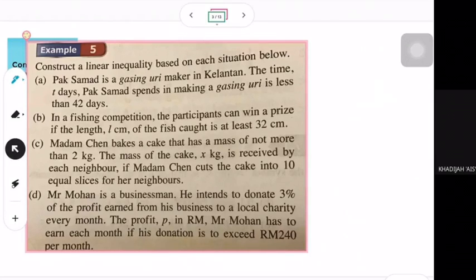You do A. Pak Samad is a gasing uri maker in Kelantan. The time in days Pak Samad spends in making a gasing uri is less than 42 days. Less than 42 days. So, how do you write in a symbol?